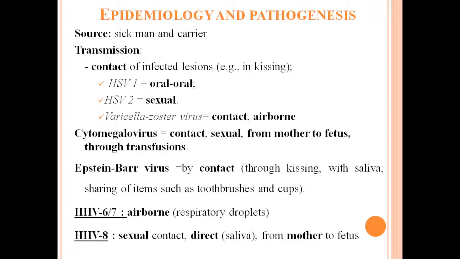How are these infections transmitted? Firstly, for herpes simplex virus type 1, it's contact transmission through infected lesions, oral to oral contact, for example, in kissing.